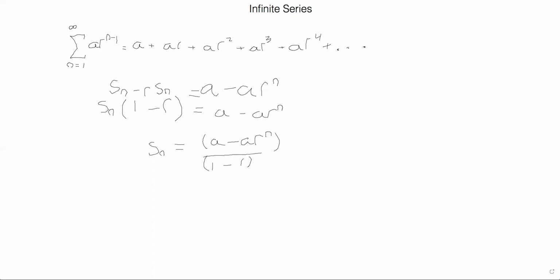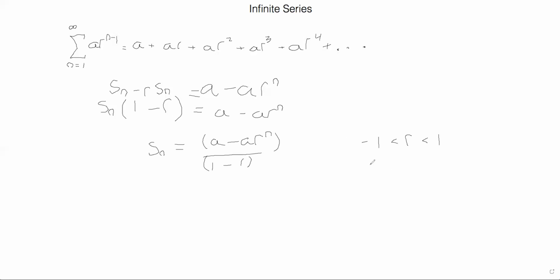For this region, if we have -1 less than r and r less than 1, then r would have to be a fraction. r could be -1/2, -1/3, -1/4, -1 billionth, and the same applies for positive fractions as well. It could be +1/2, +1/3, and so on and so forth.